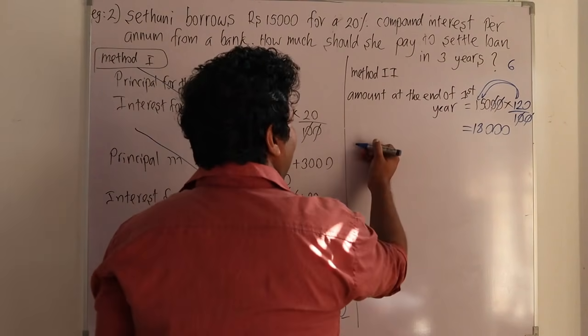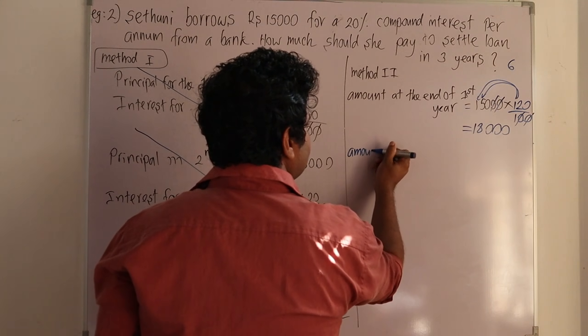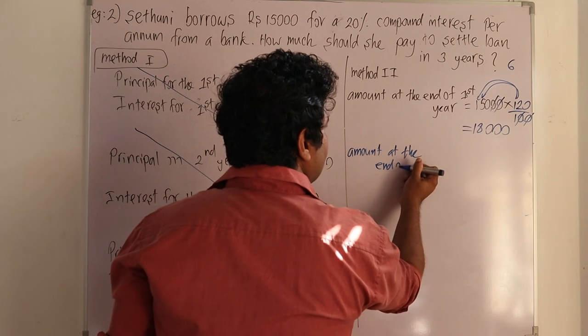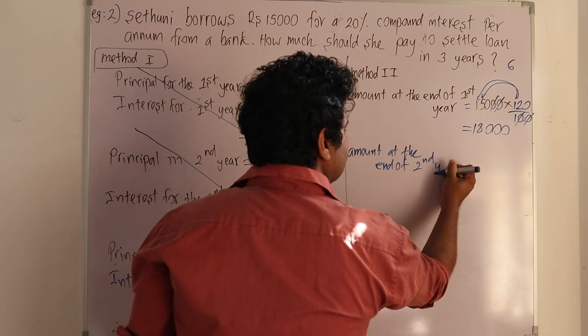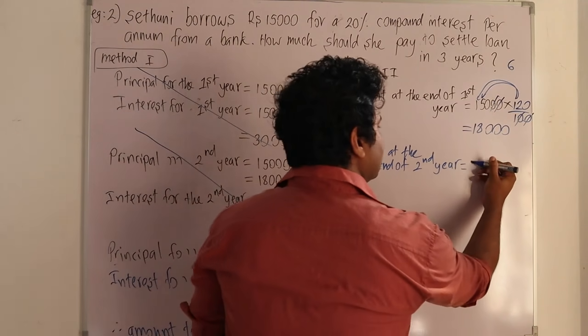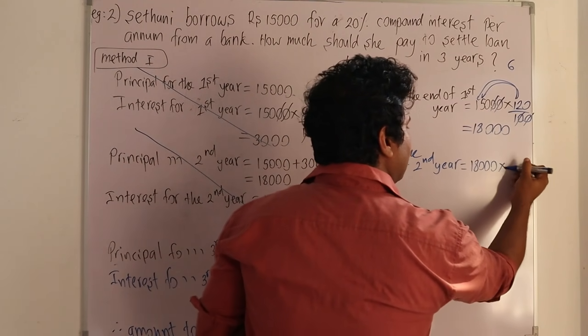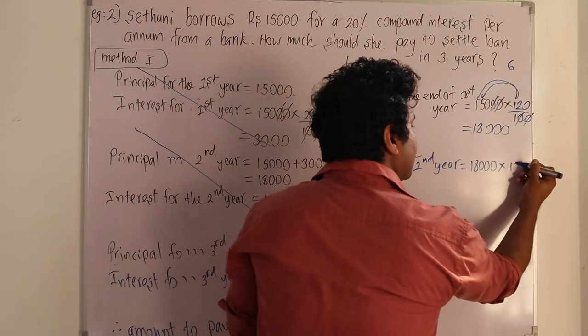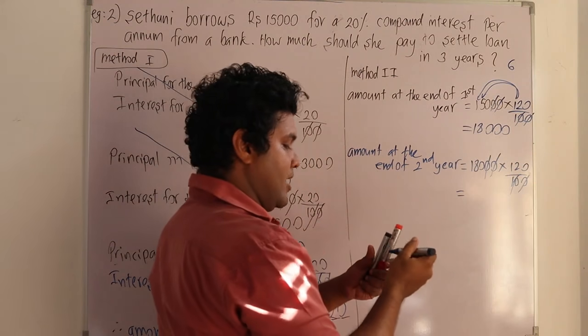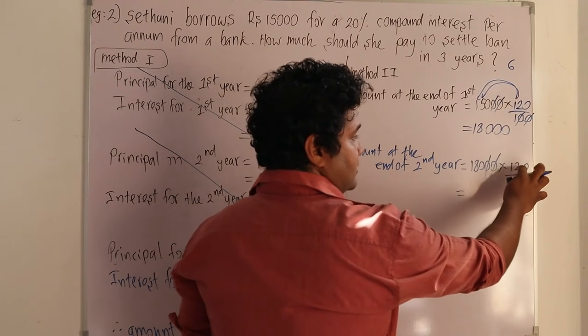Right. Okay. Now, amount at the end of the 2nd year. Amount at the end of the 2nd year, how to calculate? By means of this 18,000, we have to calculate again 120 over 100 and 00 cancel. This time we have to multiply 12 times.